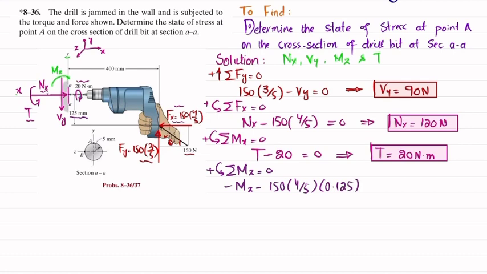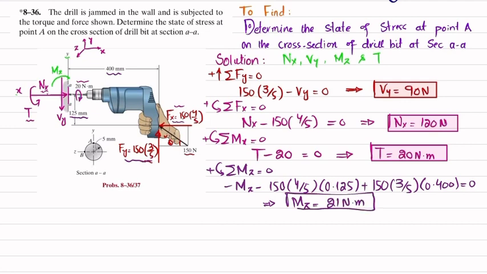The third moment is due to this Fy force, so plus Fy, which is 150 into 3 by 5, times the perpendicular distance 400 millimeter, which is 0.400. Their sum must be equal to 0. When you solve this, you will get the moment about the z-axis comes out to be 21 Newton meter.